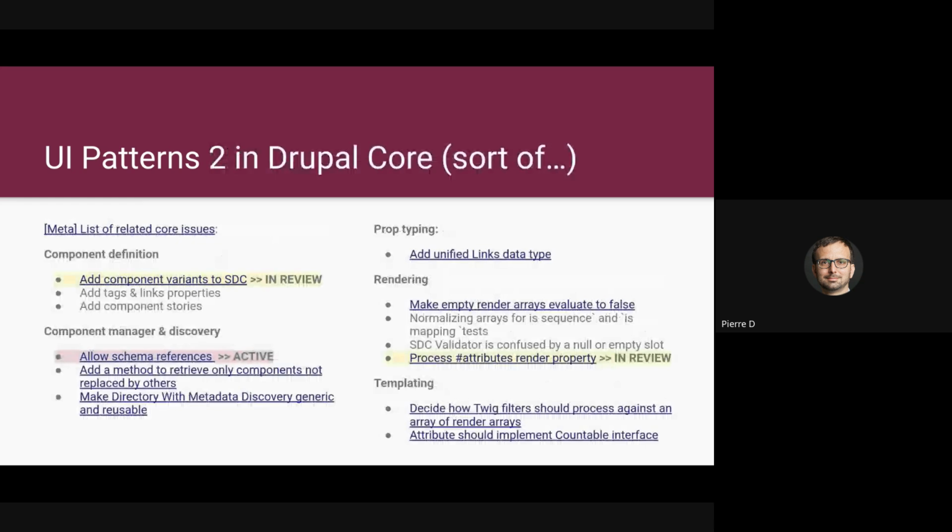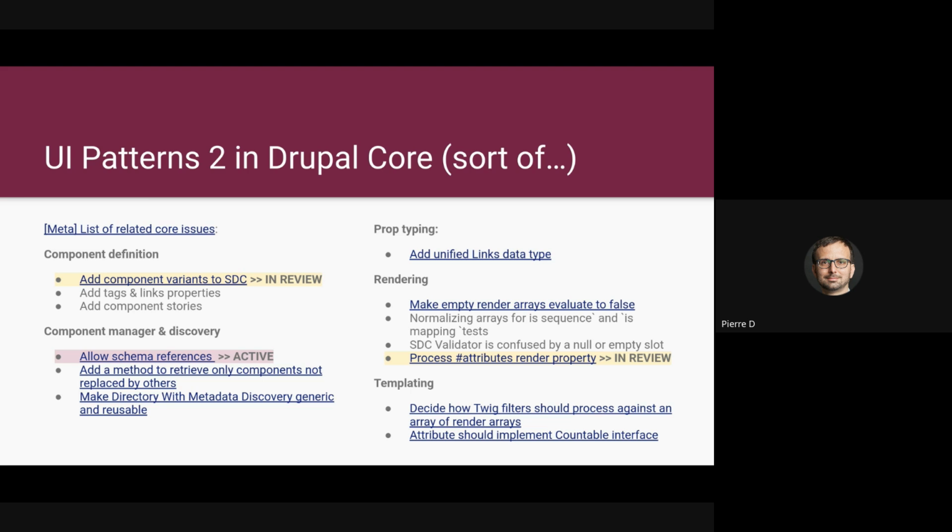Yeah, let's continue. So, about moving UI Patterns 2 into Drupal Core. UI Patterns 2 has a few overrides on the core API, and we don't want to split from the core implementation, of course. So our goal is to take the 15 overrides we did and move them back to core.